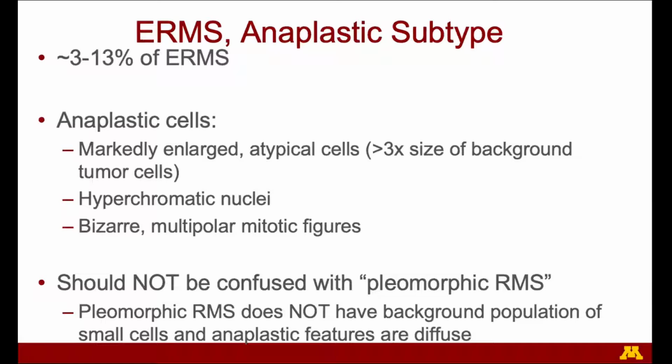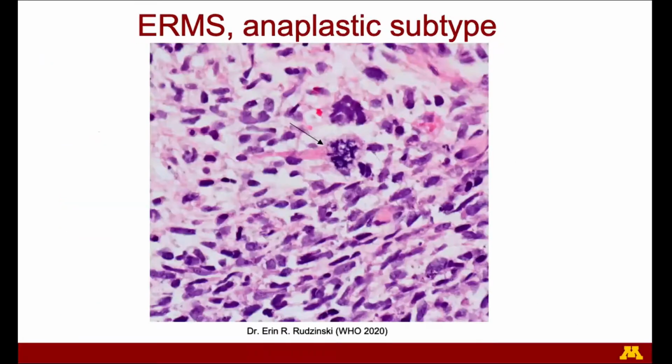Their nuclei are enlarged and hyperchromatic, and atypical mitotic figures are common. This subtype should not be confused with pleomorphic rhabdomyosarcoma, which is a well-described type of rhabdomyosarcoma that has diffusely polymorphic morphology, and we'll talk about it shortly.